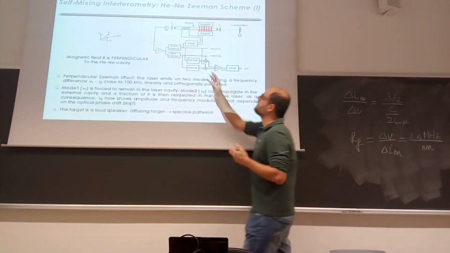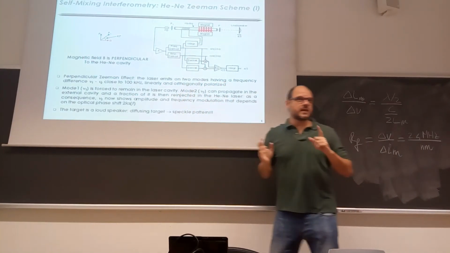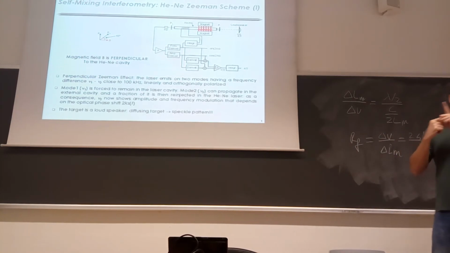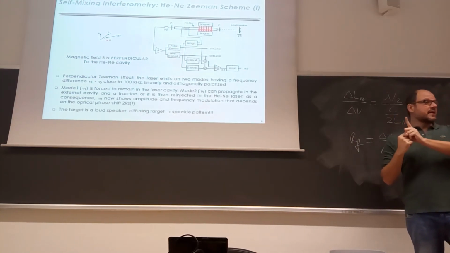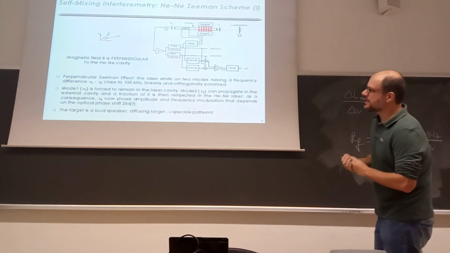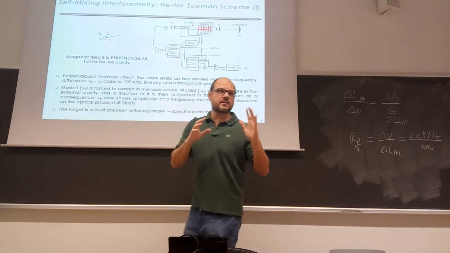In this case, the magnetic field is not longitudinal, but transverse to the laser cavity. If you do this, the Heine laser emits on two linearly polarized orthogonal modes, and the mode separation is more or less close to 100 kilohertz.